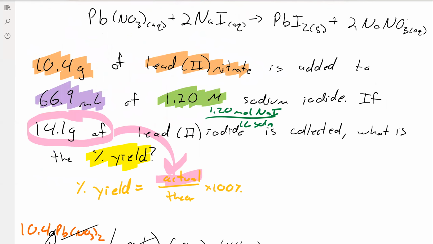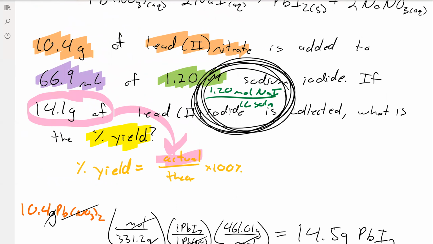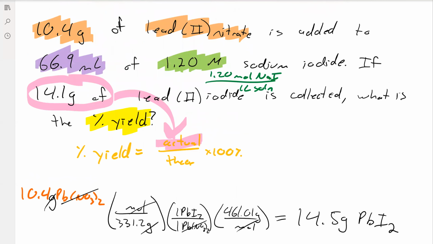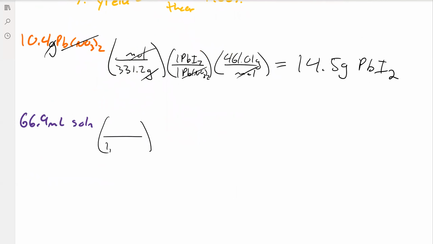I then see I can have another unit of volume here, right? The liters of solution, but I need to get to liters first. So I can convert my milliliters to liters. After that, I can then use my molarity. So I know it's 1.20 moles of my sodium iodide per 1 liter of solution.